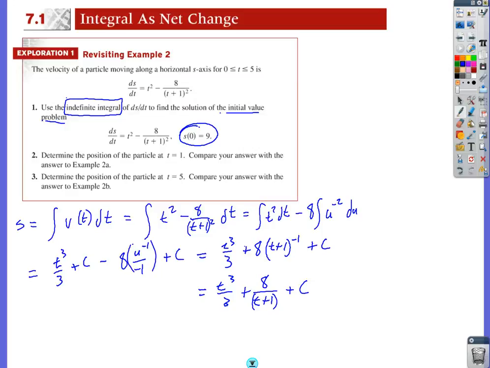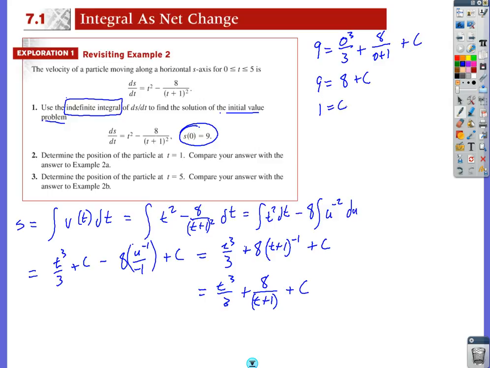So I'm going to go ahead and plug 0 in for t, and my answer should be 9. So 9 is equal to 0 cubed over 3 plus 8 over 0 plus 1 plus a c. Or 9 is equal to 8 plus a c, or that 1 is equal to c.